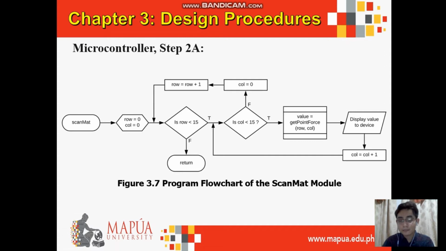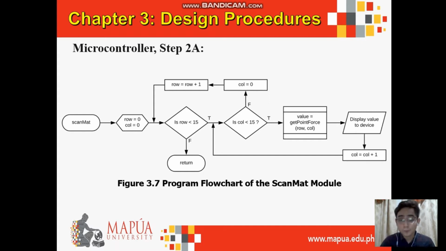value. Now this value will be displayed on the device, and after displaying the value, the program will add 1 to the variable col, and you can imagine that it moved to the next box to the right.